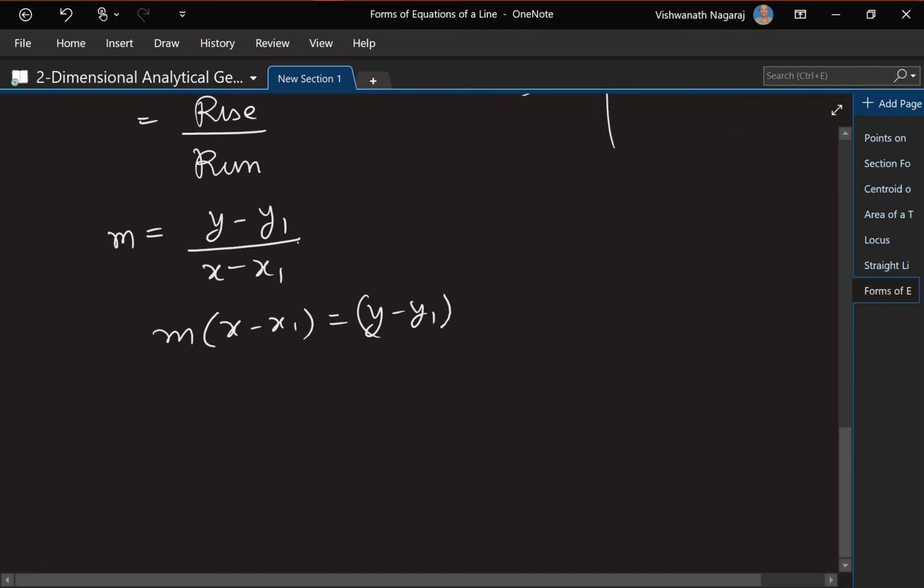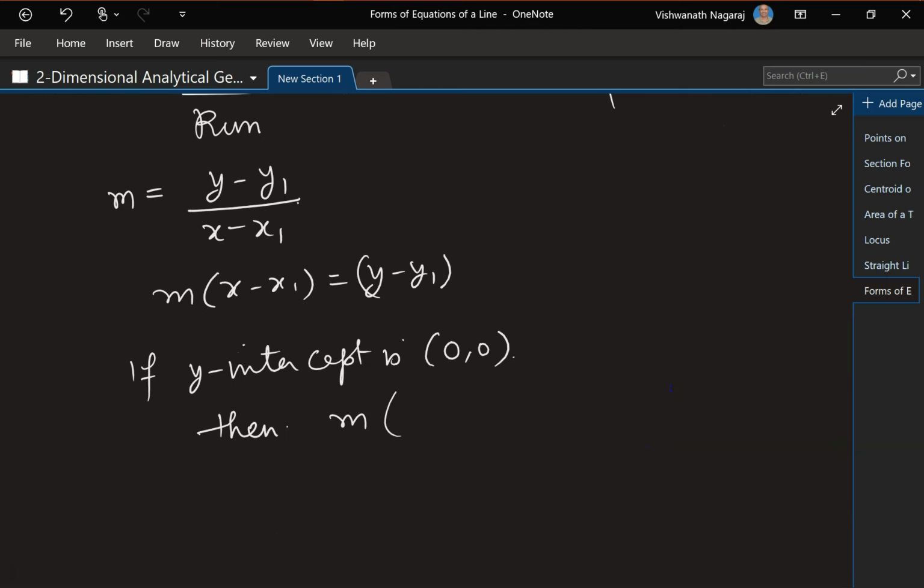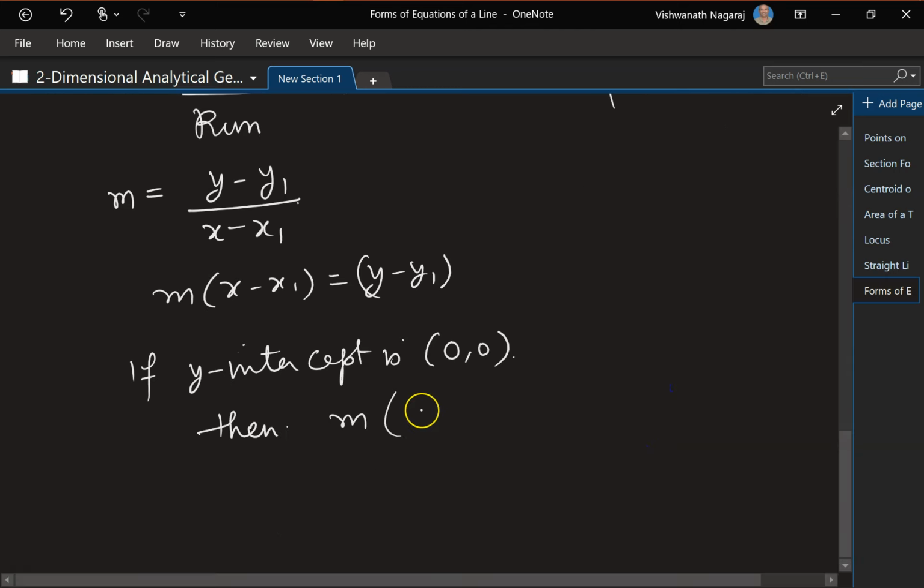Let's just have a look at some aspects. Now if the point is 0 comma 0, that means the line passes through the origin. Let's say this A is the origin, so x1 y1 is 0 comma 0, so it will become y equal to mx.